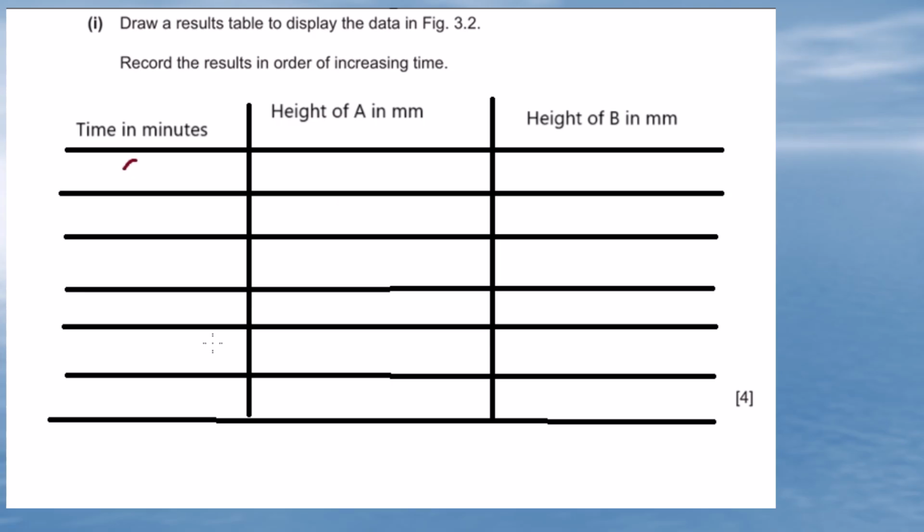So here I can only write 0, 2, 4, 6, 8, and my 10 minutes. And then again the unit is up here, so I don't have to write the unit in the table. It's 62, 62, 62, all the way down for our seaborne ice.